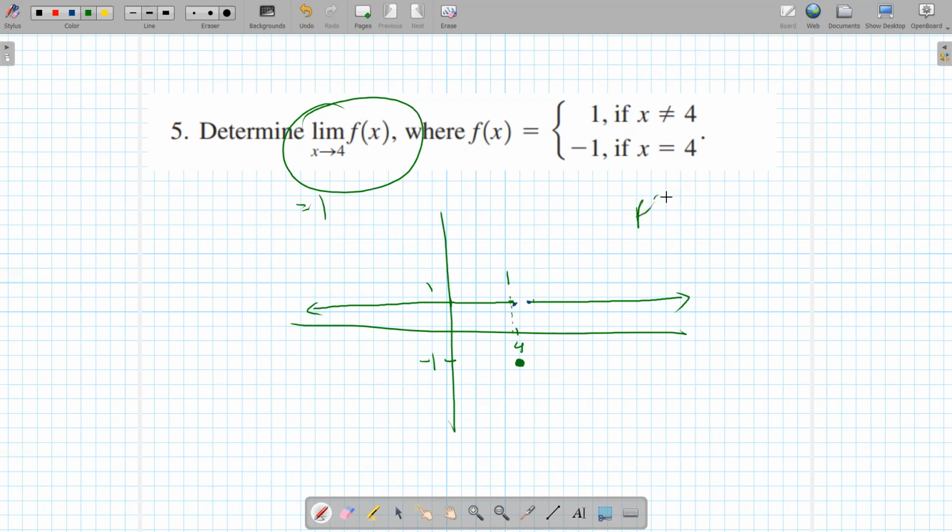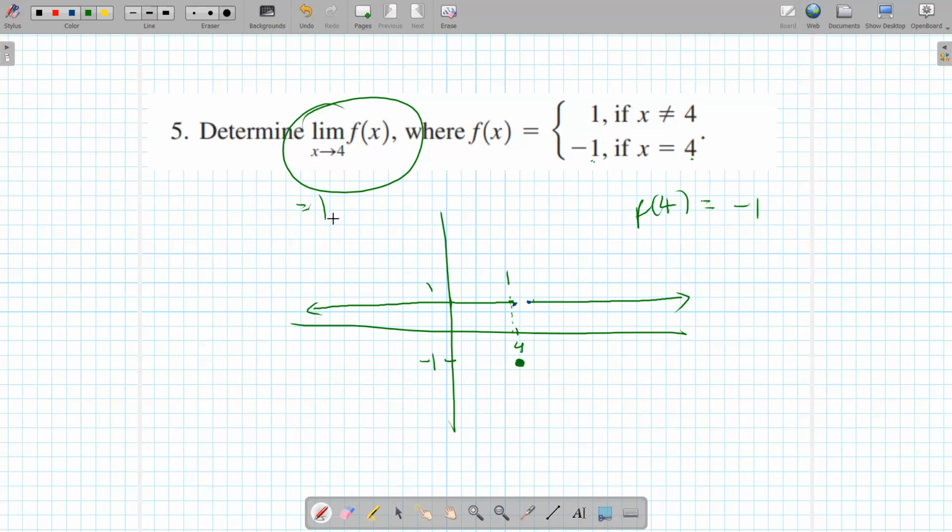But what is f of 4, though? Sorry, not f of 1, f of 4. What's the y value when the x value is 4? It's there. It's -1, right? When the x value is exactly 4, the y value is exactly -1.